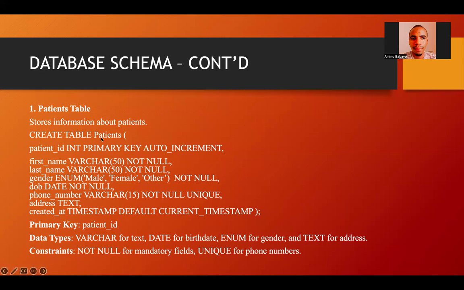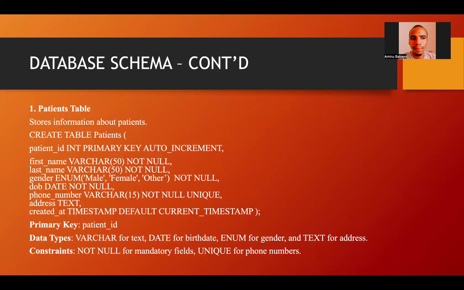First name is going to be a variable character of length 50 and not null. That means a null value is not going to be accepted. The table must contain a first name and also a last name. You cannot leave it blank or empty. Gender is going to be male, female, or other.